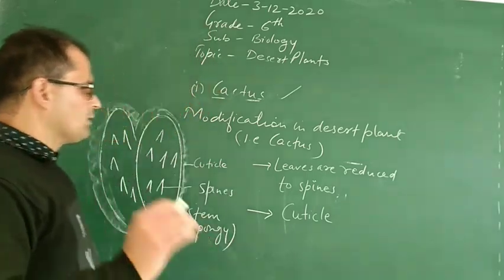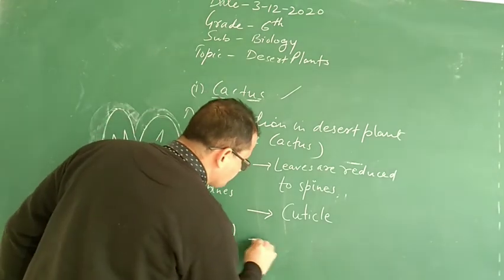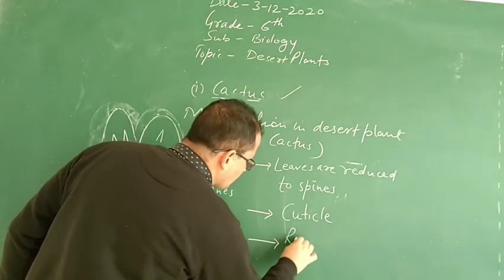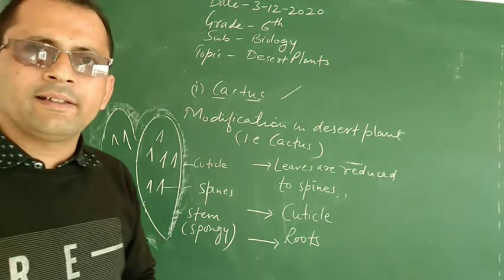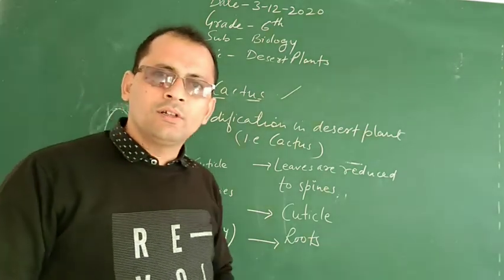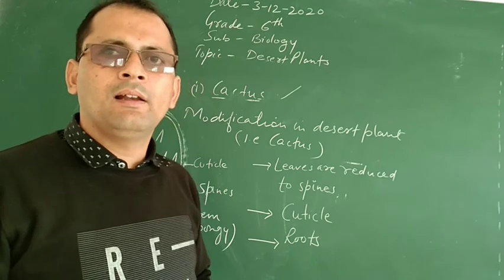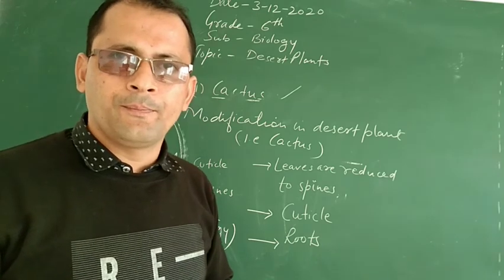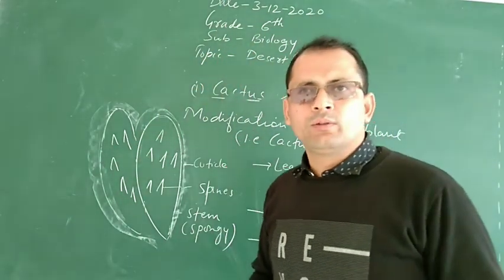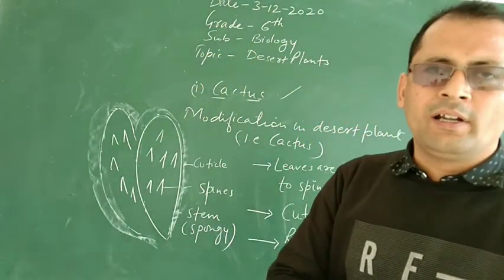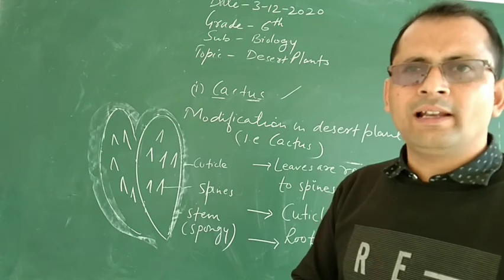Okay. Third important modification is the roots. The roots of the cactus plant go deeper into the soil in search of water. What I told you? I told you that in the desert the availability or the amount of water is very less.